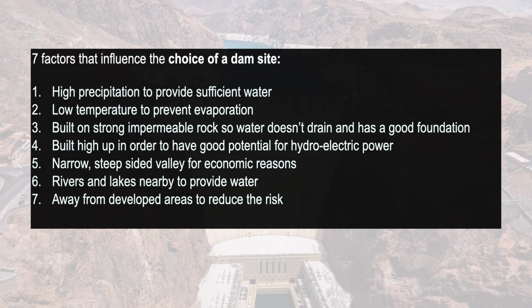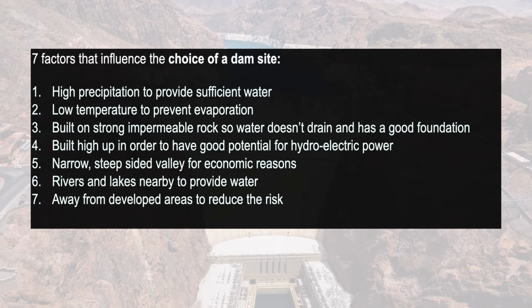So usually when people want to build a dam, the side of the river should be narrow so it can hold as much water as possible, and there should be rivers and lakes nearby to provide water.